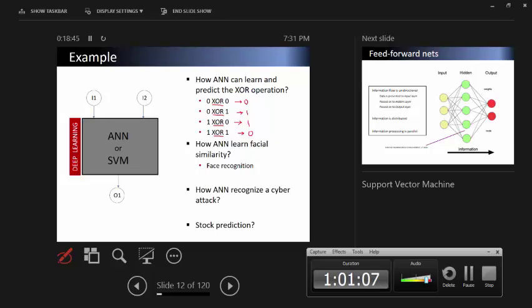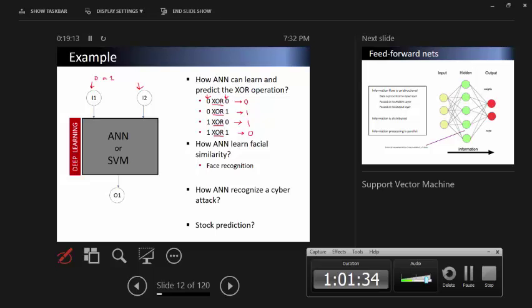So if you see this, then there are two input values, right? We can say input value 1 and input value 2. So from external, we can provide the data, say 0 or 1, right?